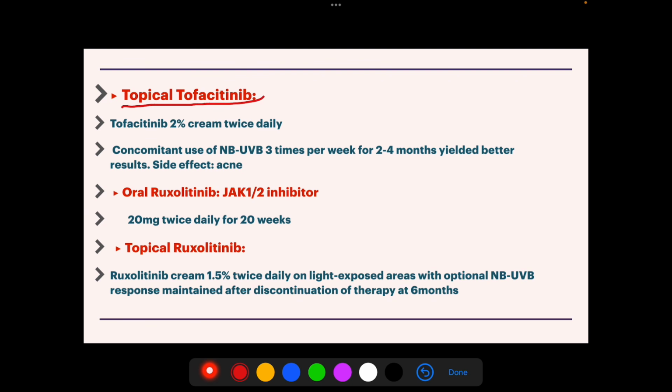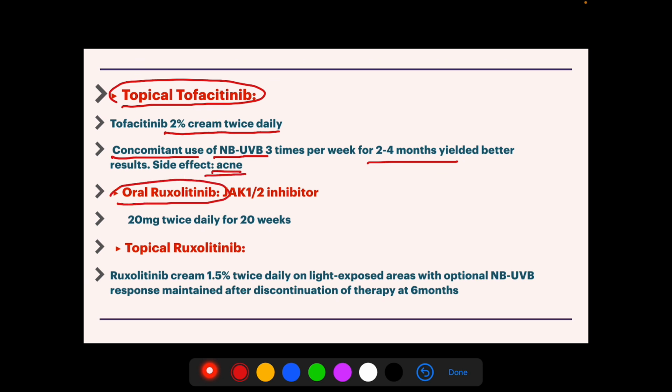Next is topical Tofacitinib 2% cream used twice daily. Concomitant use of narrowband UVB 3 times per week for 2 to 4 months yields better results. The only side effect is acne.